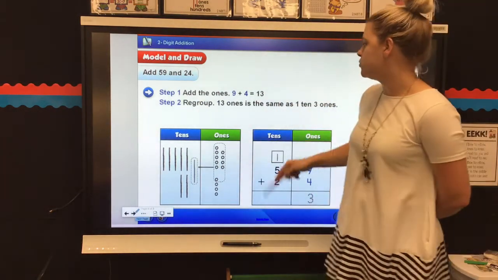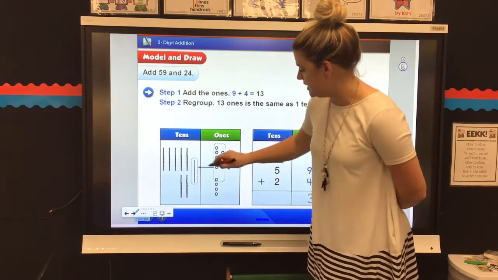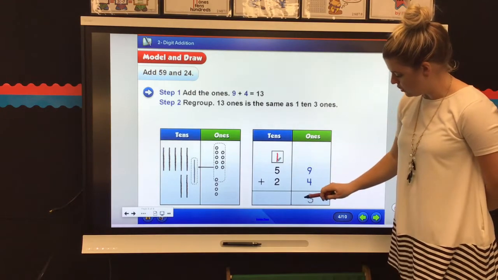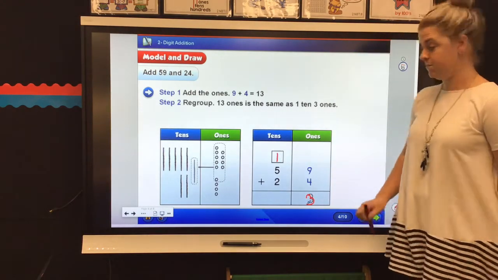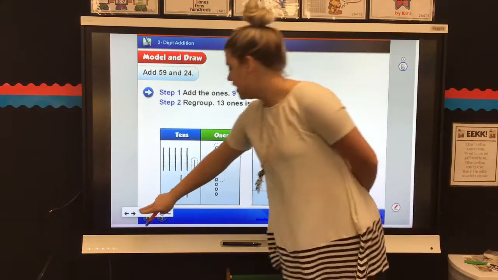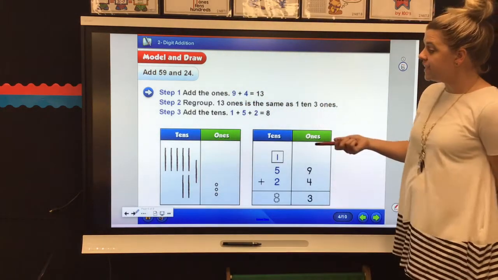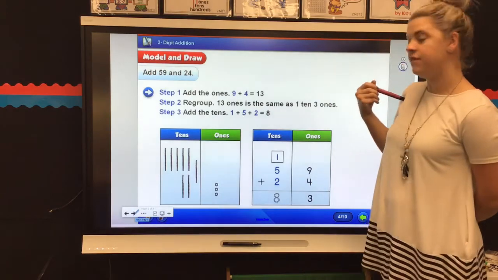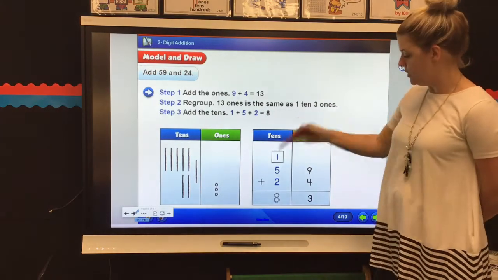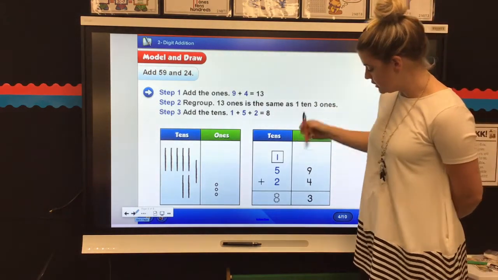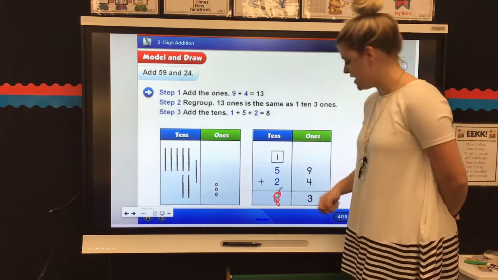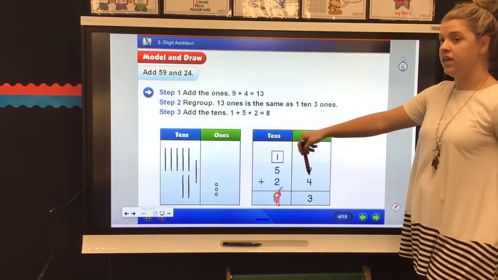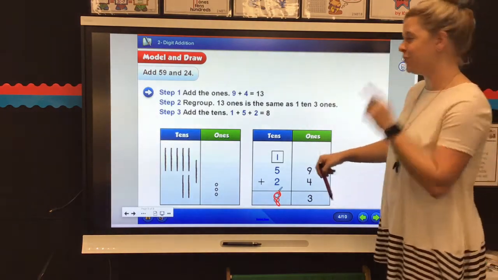We regrouped, right? 13 is the same thing as 1 ten and 3 ones, okay? Now, the last thing we need to do is add the 10s. We have 1 plus 5 plus 2. 1 plus 5 is 6. 6 plus 2 is 8. So, 59 plus 24 is 83. All right?